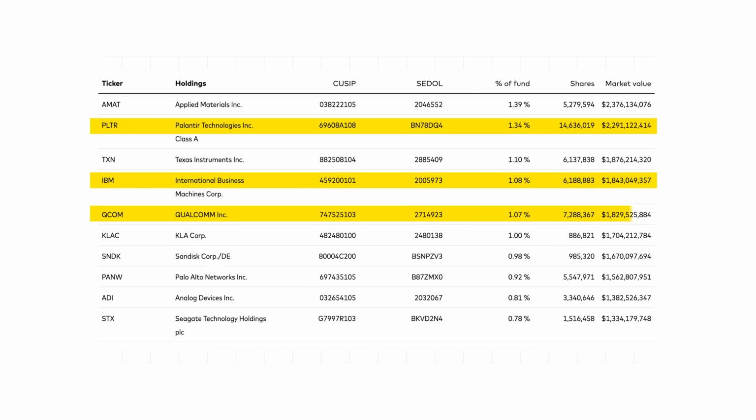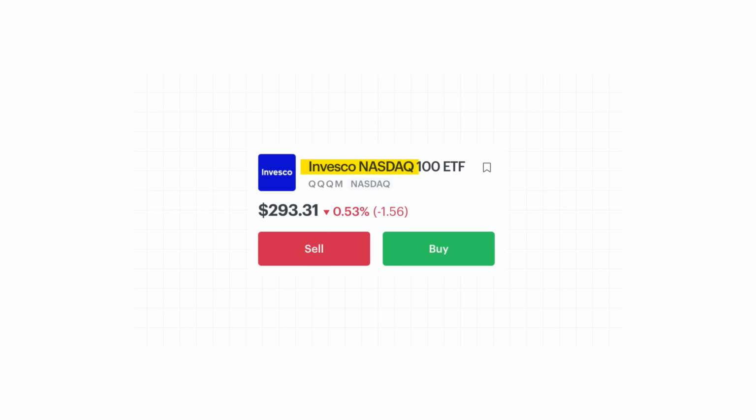Now there are companies like Palantir, IBM, Qualcomm, Palo Alto, Dell Technologies. So you are getting exposure to not just the large tech companies, but ancillary companies that are involved in building the tech ecosystem and everything around the Mag 7 companies. Another popular ETF in this segment is the Invesco Nasdaq 100 ETF, also called the QQQM.